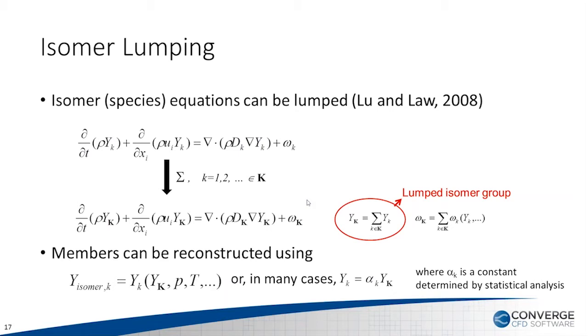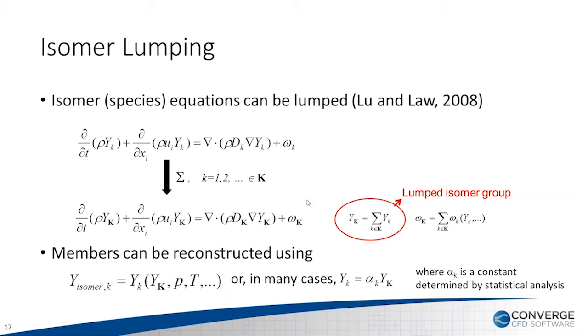So the idea of isomer lumping is that instead of solving for 5 species, if there are 5 species with similar properties, we can just solve 1 species instead of 5. You not only save time on chemistry calculation, you also save time on transport. You only transport 1 species instead of 5 species.